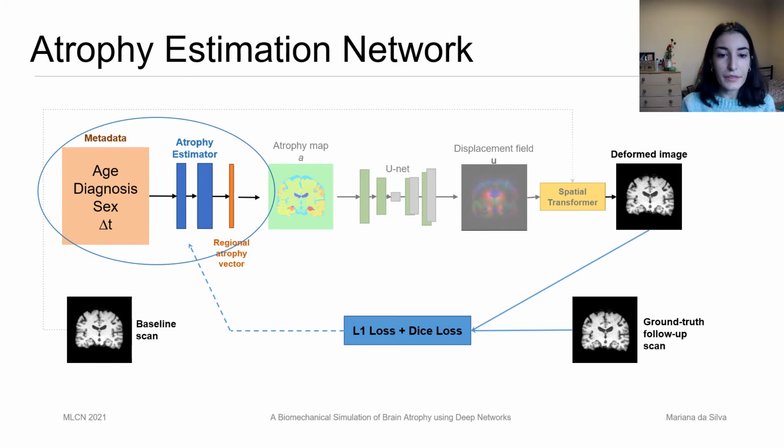We use a simple 3-layer MLP that outputs a vector with 27 values, one for each region of the parcellations that we are considering, and taking as input the diagnosis, age, sex, and a certain time window between the scans. We train this model using the metadata from the training set and corresponding true image pairs, and use similarity metrics between the deformed image and the ground truth follow-up scans as the loss to train the model.